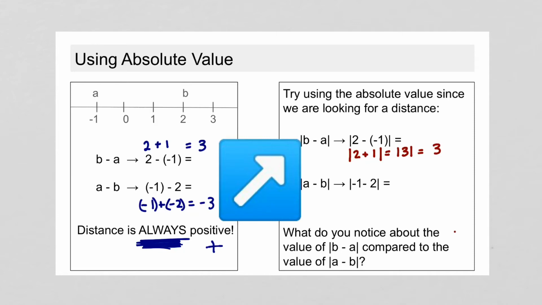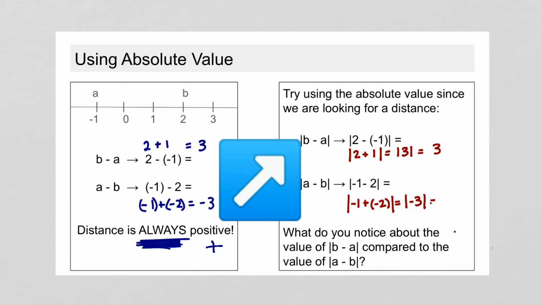And let's do the next one from a minus b. Well, absolute value is a grouping symbol, negative 1. Let's change that operator and take the inverse. Same signs, add and keep. They're both negative, so I'm going to add them together and keep the sign.